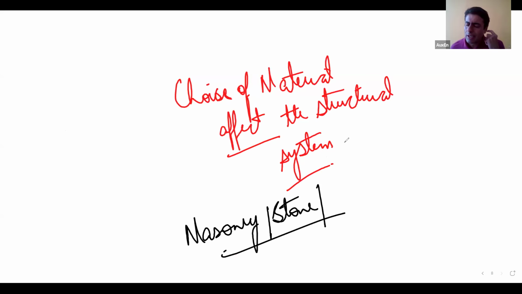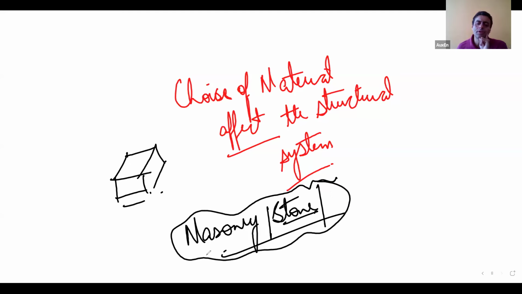Masonry means where from clay you come up with units, masonry units like bricks or similar masonry units, or you have a stone. So if my material is only restricted to masonry units or stone, then I would like to have systems which predominantly take loads in which action?